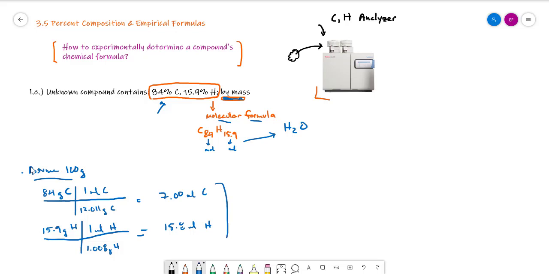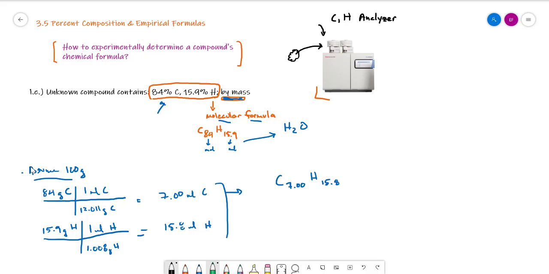Okay, so does that mean that our compound now is carbon 7.0, hydrogen 15.8? Not exactly, but we're getting closer. It at least tells us that the ratios of these things are 7 to 15.8.